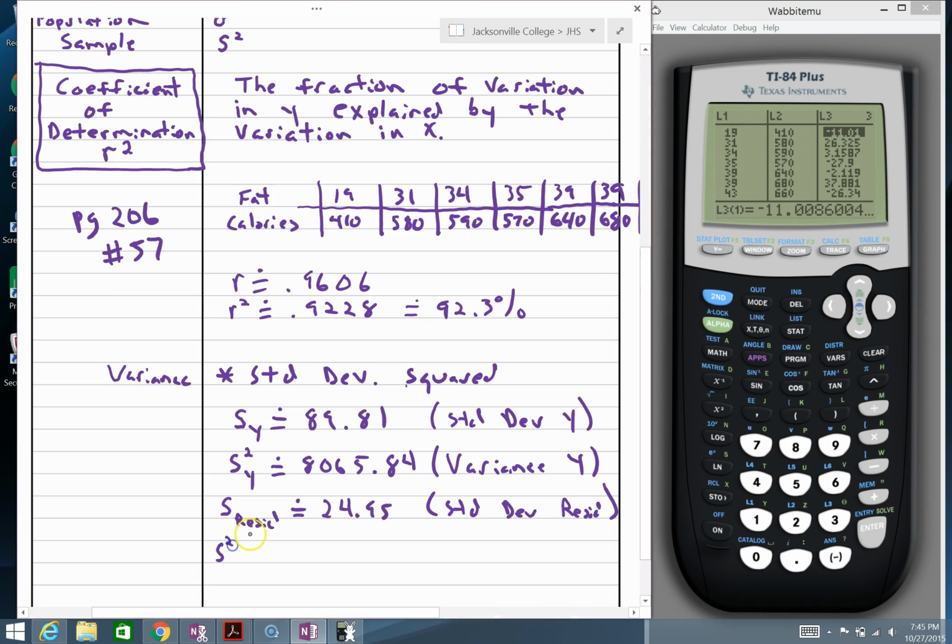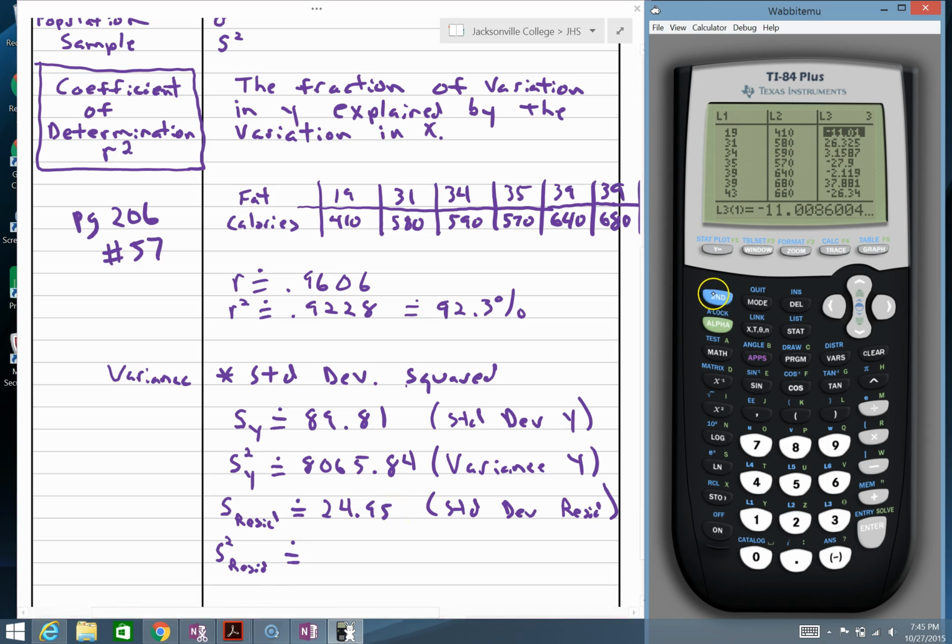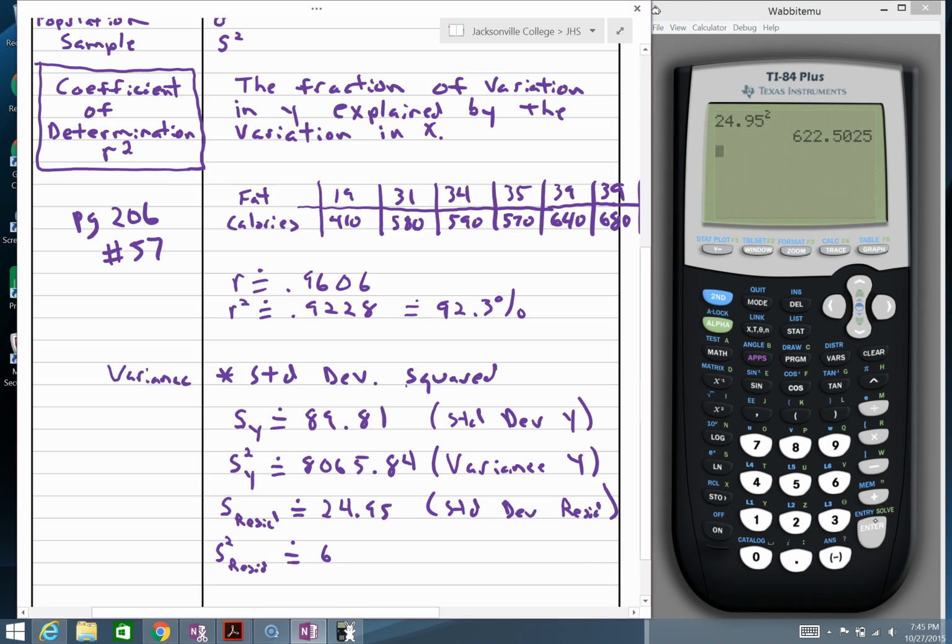I'm squaring this number that we just found. 24.95 quantity squared. All right, that is 622.5. This is the variance of my residuals.